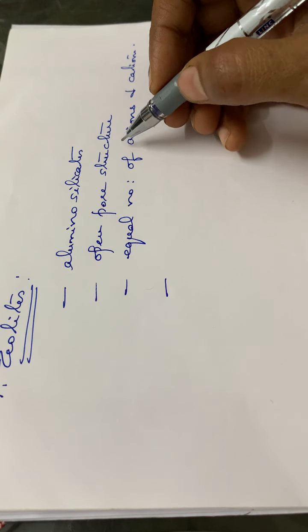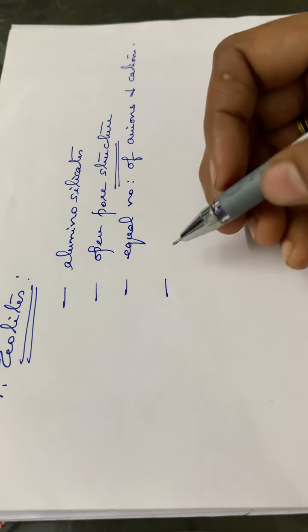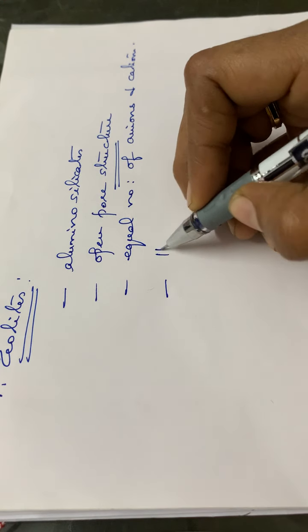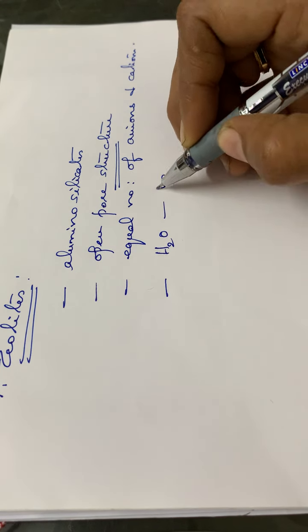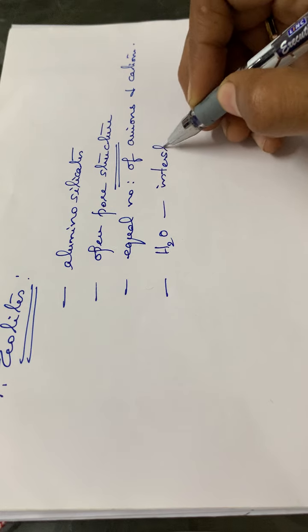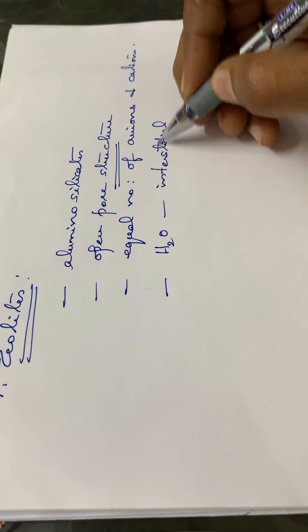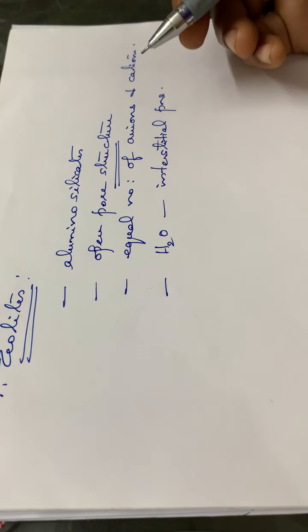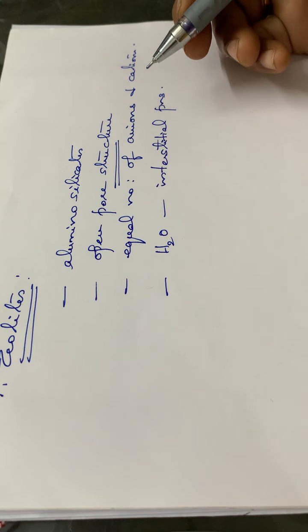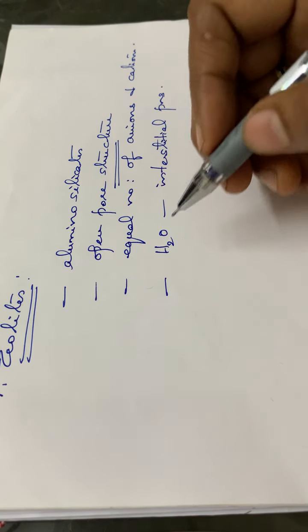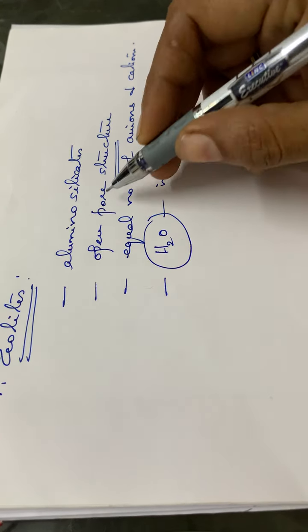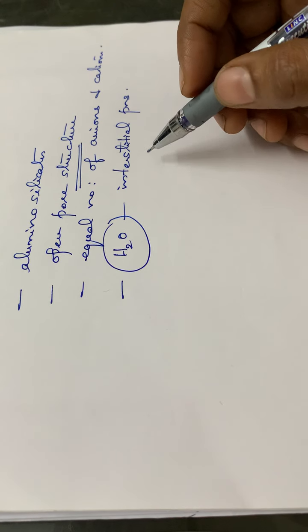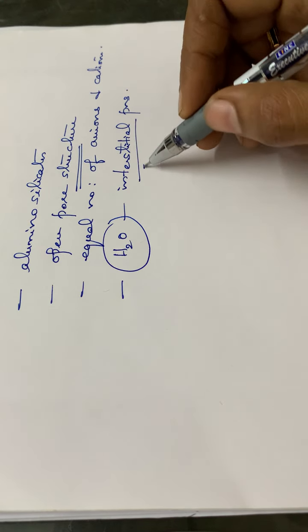Since it has a porous structure, water molecules can enter into the interstitial positions of the zeolite. But only water molecules can enter into the porous structure, not complex molecules. Complex molecules cannot enter into the interstitial sites.